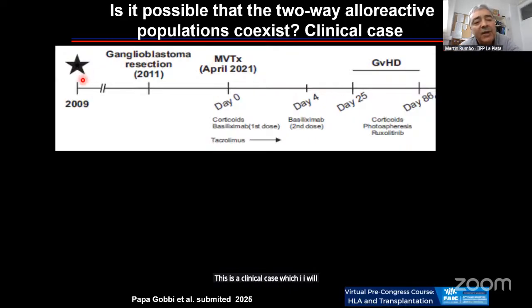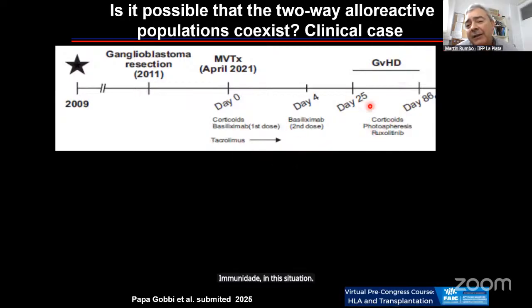It's a pediatric patient who very early in her life had a ganglioblastoma resection with an intestinal location, which some years later ended in a portomesenteric thrombosis event due to a midterm complication of this resection. She received a multivisceral transplantation in April 21 with the classic induction and immunosuppressive regime used in this situation.